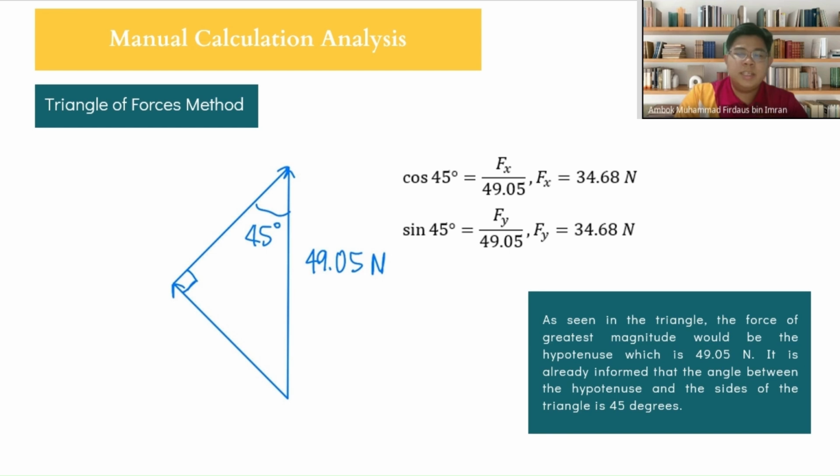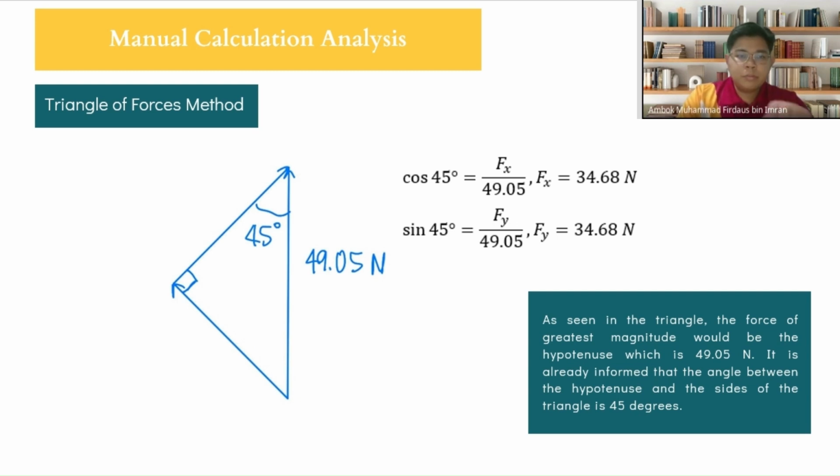The highest magnitude of a force in a triangle of forces would be the hypotenuse, so the hypotenuse would be 49.05 Newton in this case. We also have to know the angles between the sides of the triangle, which we already do, which is 45 degrees.